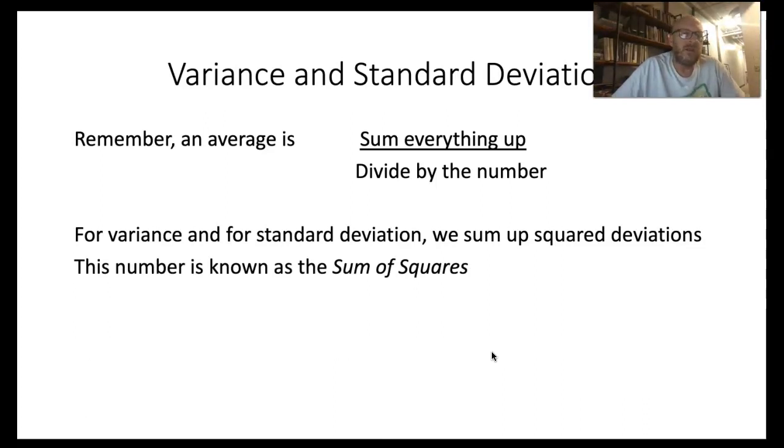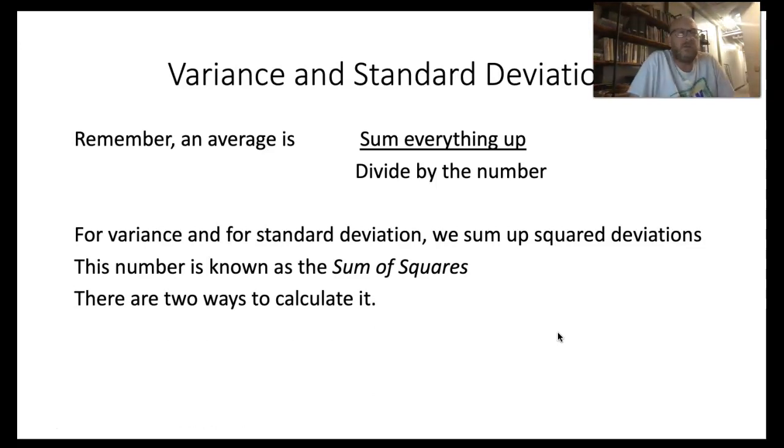As we do this, when we sum everything up and work with squared deviations, this number, the sum that we use to calculate our averages, is called the sum of squares. That's because we are summing up squared deviations. I'll show you a table here in a minute that I think explains that fairly well.